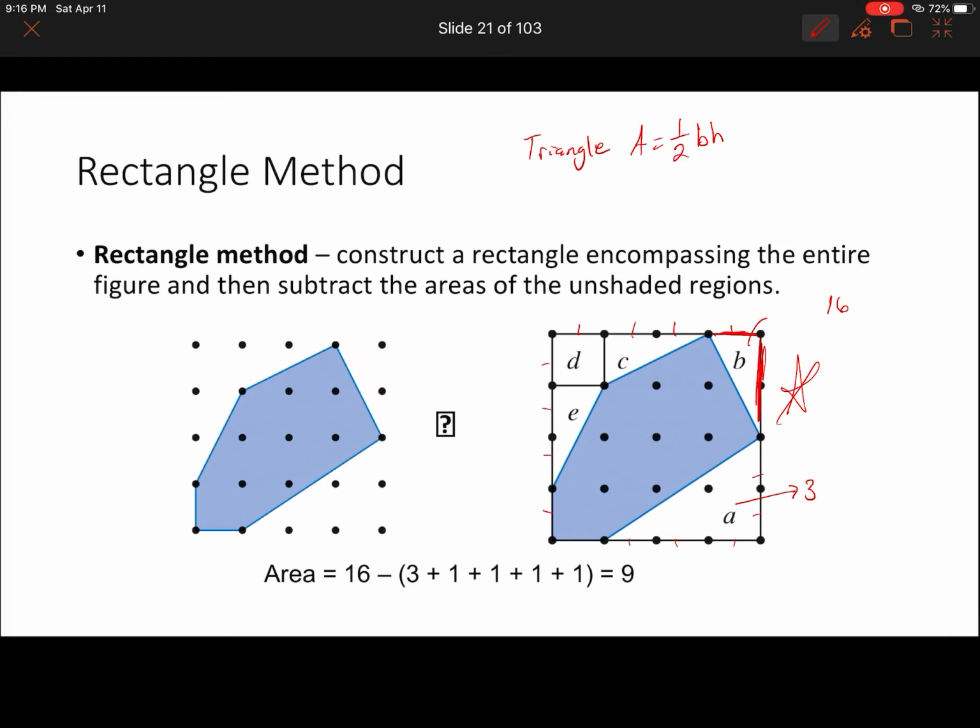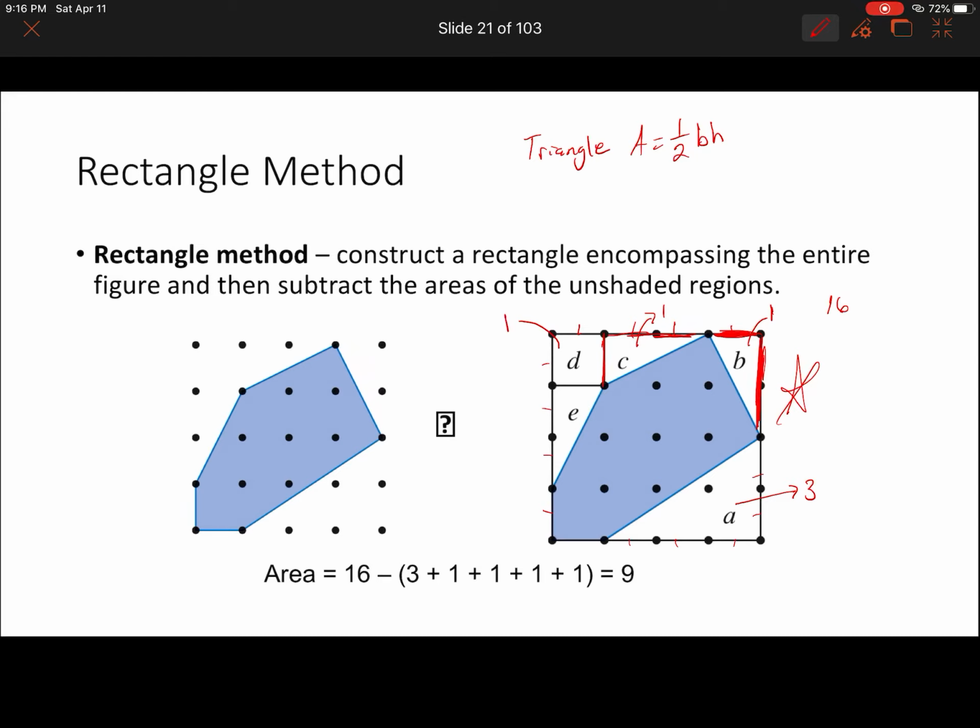Part B has an area of 1 square unit because it's 2 by 1, so 2 times 1 is 2, times 1/2, well, half of 2 is 1. And then you have the same thing here on part C. You have a height and a base of 2 and 1, and so that is going to give us 1 square unit.